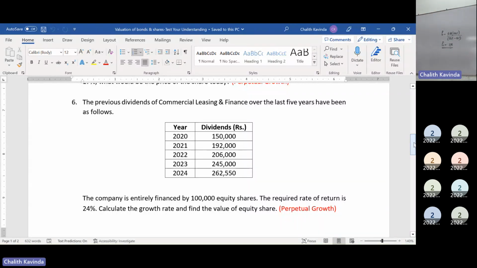The company is entirely financed by 100,000 equity shares. The required rate of return is 24%. Calculate the growth rate and find the value of the equity share.